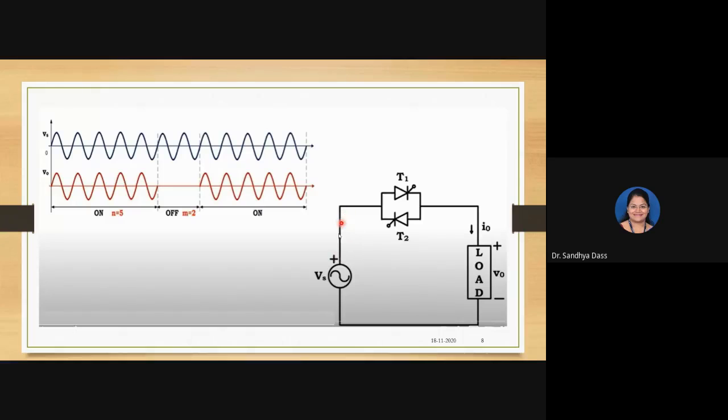So the current path will be via T1, the load, and back to the supply.